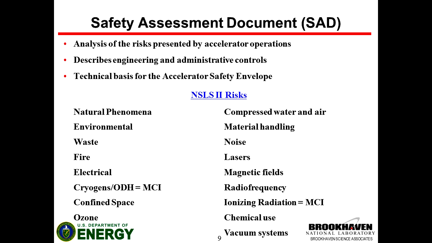Now, for the most part, they're already addressed in our SBMS standard procedures. There are two on this list that, however, we had to take a closer look because they weren't looked at by the laboratory procedures. And those are the cryogens, oxygen deficiency hazards, and the ionizing radiation.